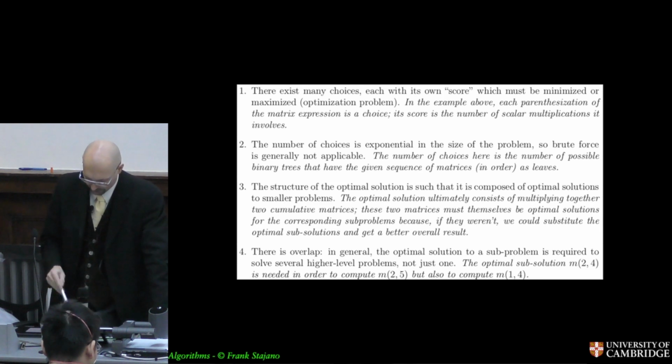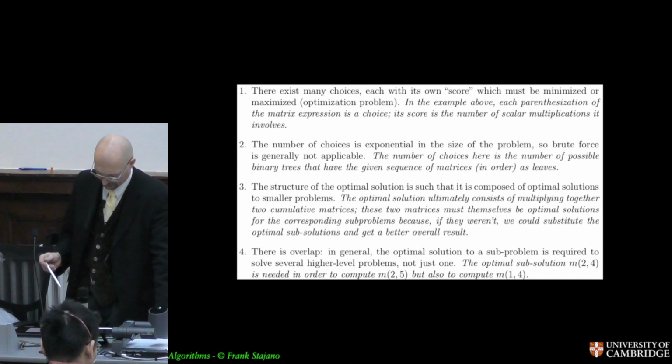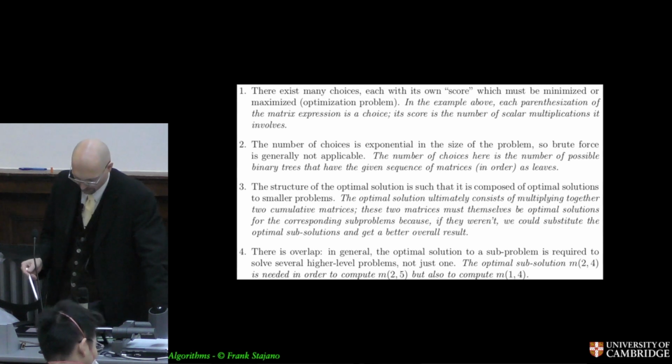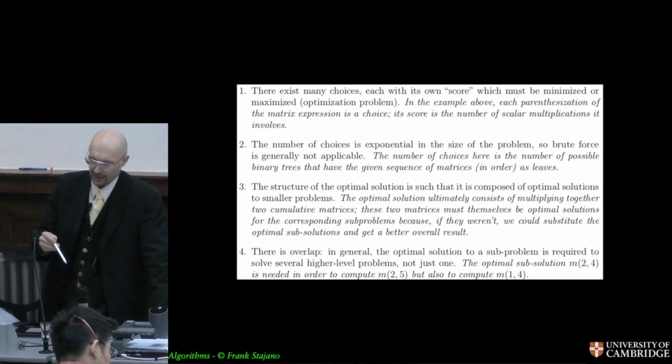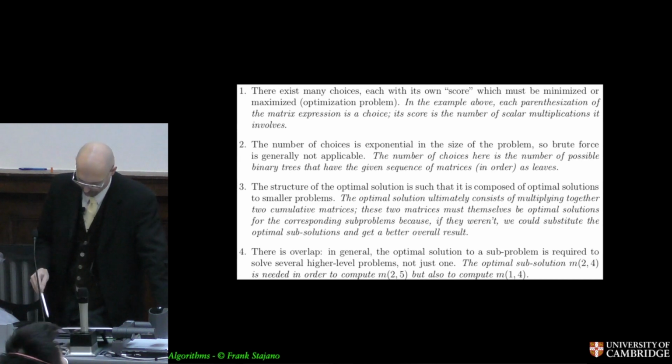Another important feature and necessary for using dynamic programming is that the optimal solution is made of optimal solutions to smaller problems. That's what allows me to write that type of recurrence of mij in terms of mij's for narrower ranges.